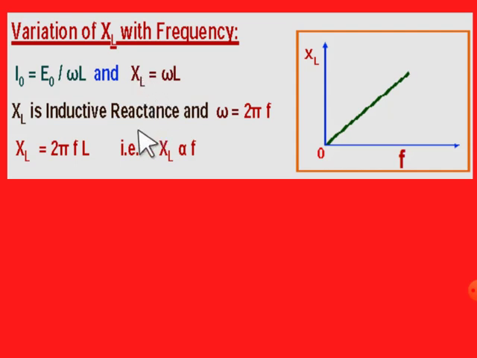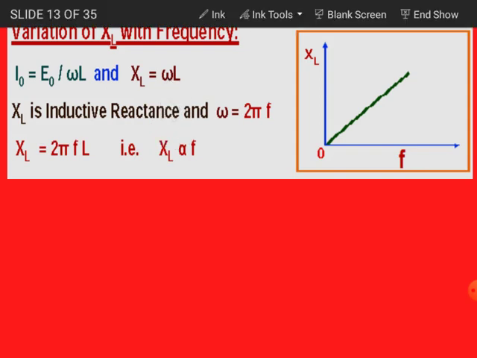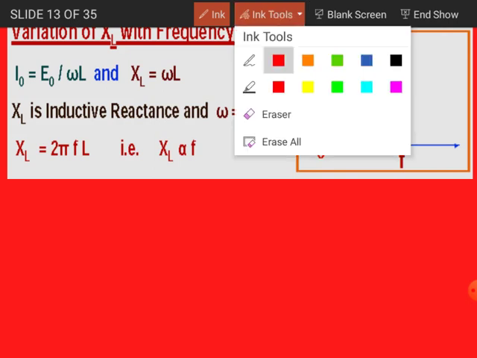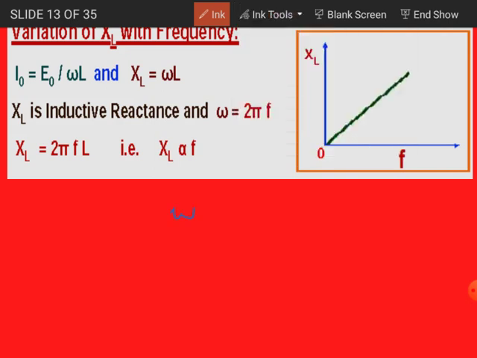Now this XL is the inductive reactance, and omega, we know, is equal to what? Twice pi by T, right? What is this? Capital T is the time period, and 1 by T is equal to frequency.